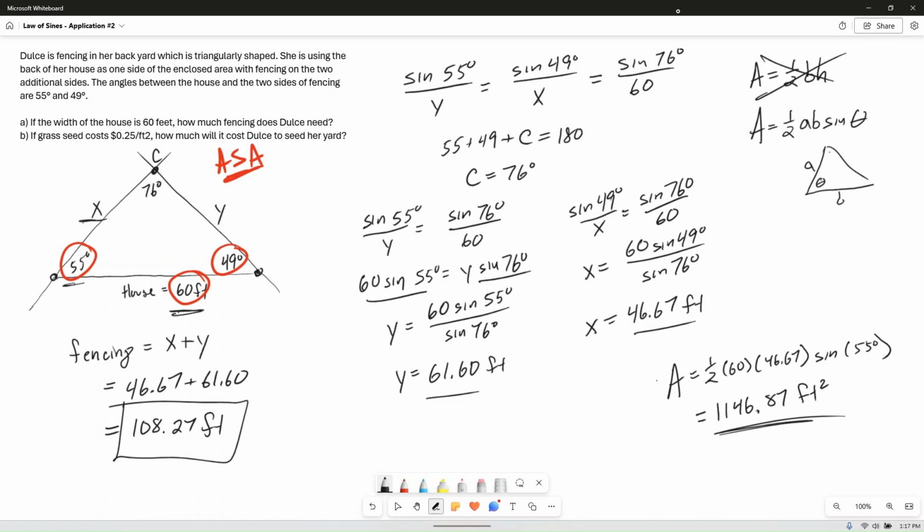Okay, so our cost is area times the price.